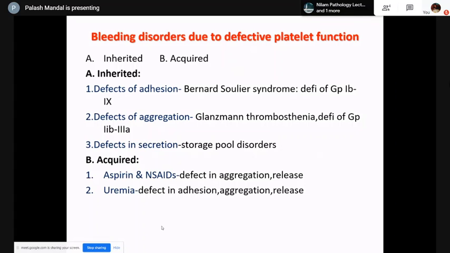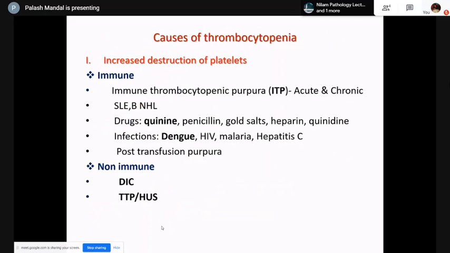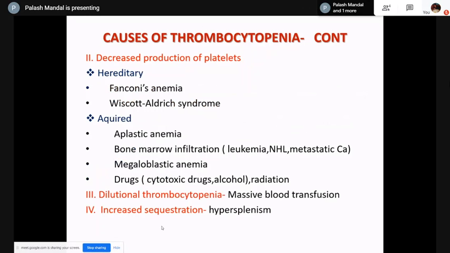Bleeding disorders due to defective platelet function. So, defective platelet function: till this time we were concentrating on the numbers. Okay, this was the numbers, destruction, production, that all dealt with the numbers. Now we are dealing with the function.